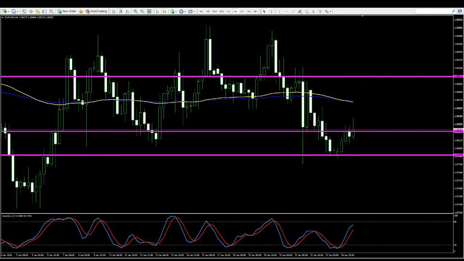And it's based on the periods you set. If you set it to 5, 3, 3, that's the most common stochastic standard settings.